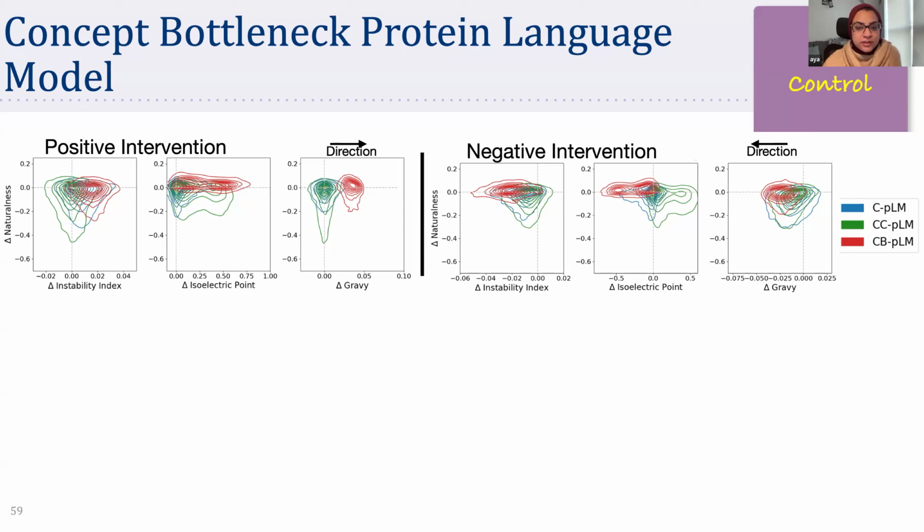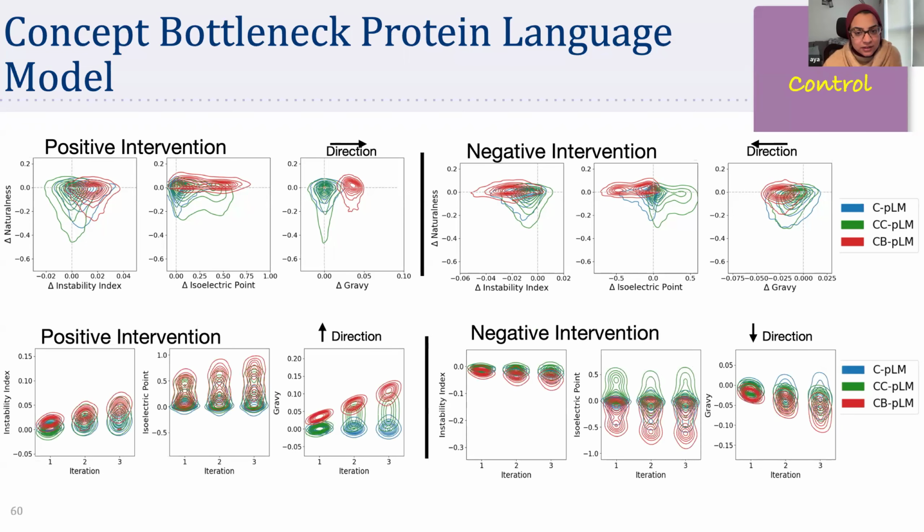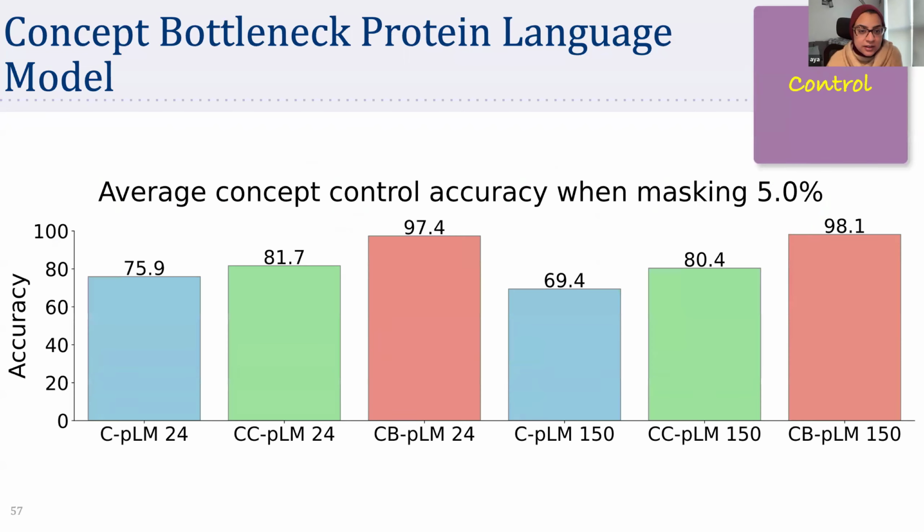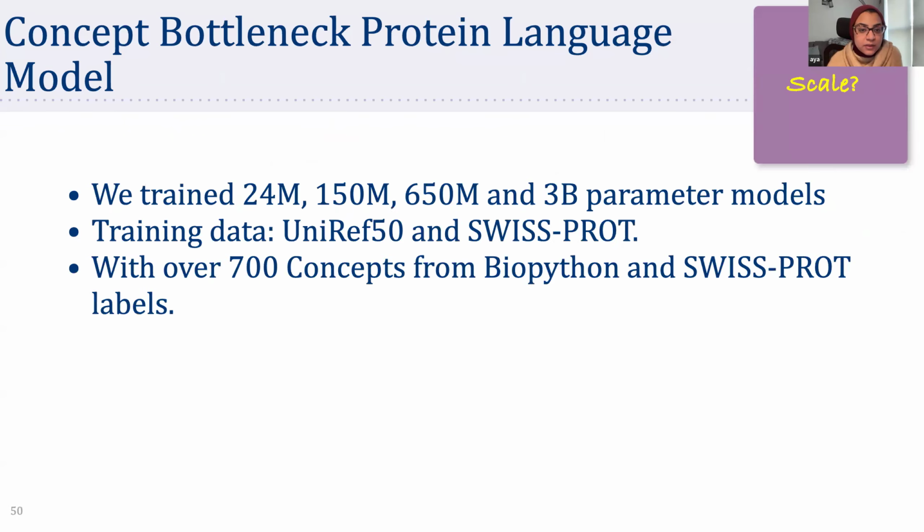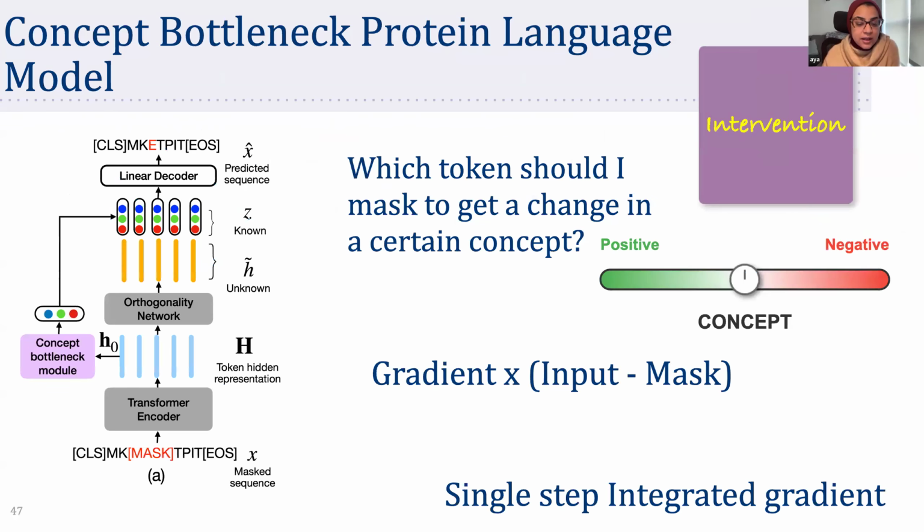For example, you would say, I'm going to only mask five amino acids, and I'm going to find the amino acids that I'm going to mask using the equation that we had. Once I find them, I'm going to mask them, change the value of the concept in the concept bottleneck model, and then get the protein, the output.